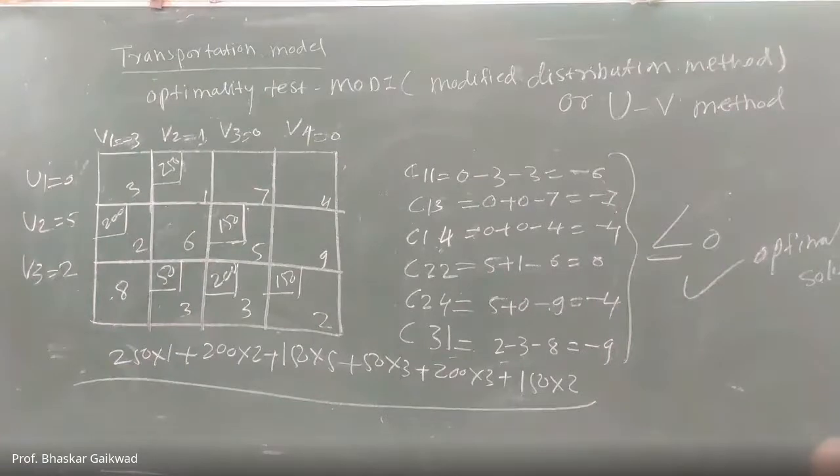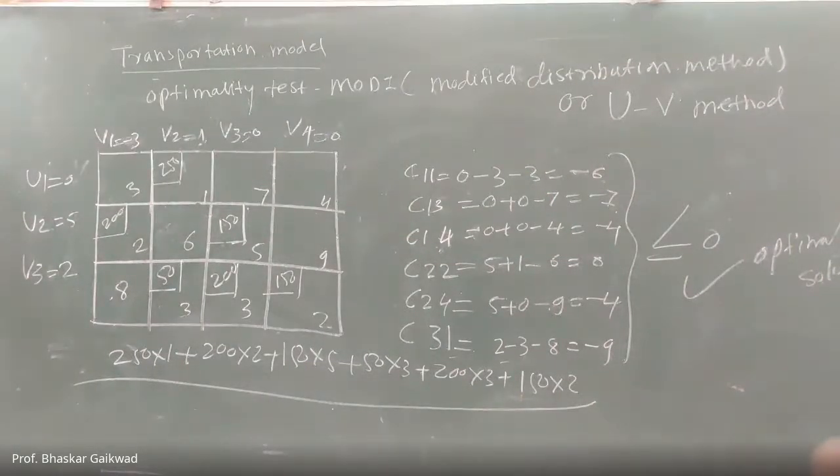So today we have gone through the 3 transportation models: north west corner method, least cost method, RAM method, and this is the optimality test or MODI method or UV method. So while solving this type of problem, first you have to solve the problem by northwest corner method, and then you have to go for this test.